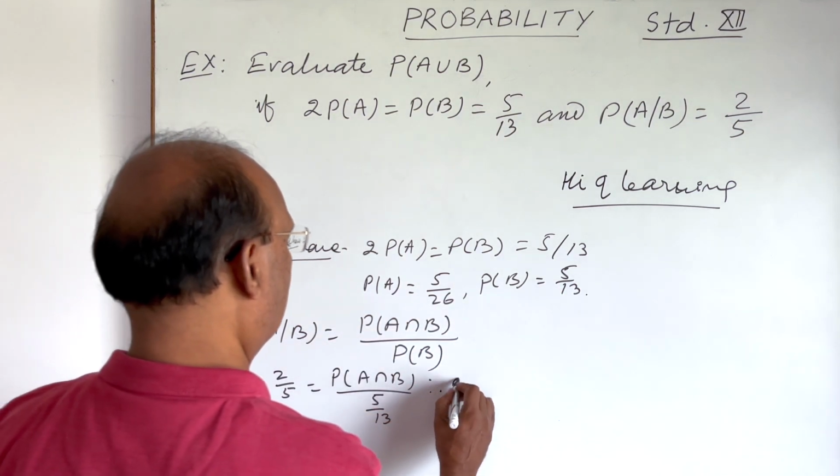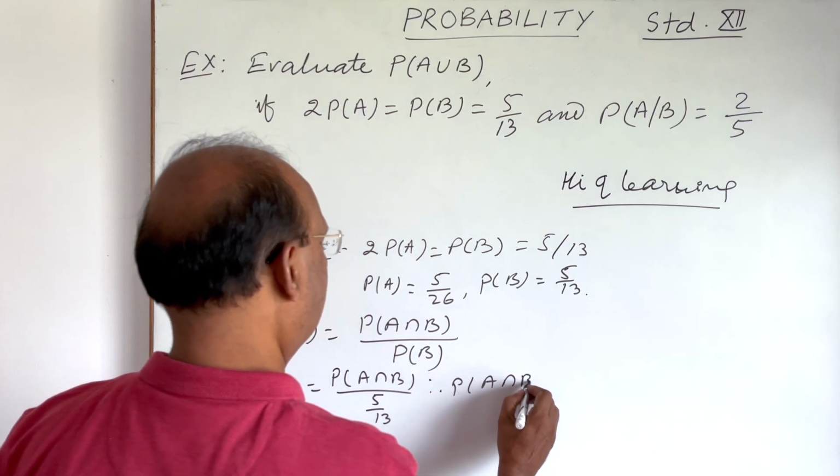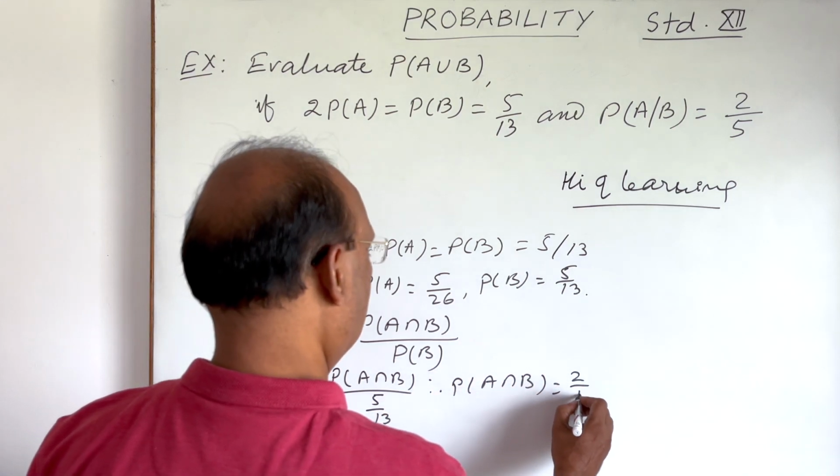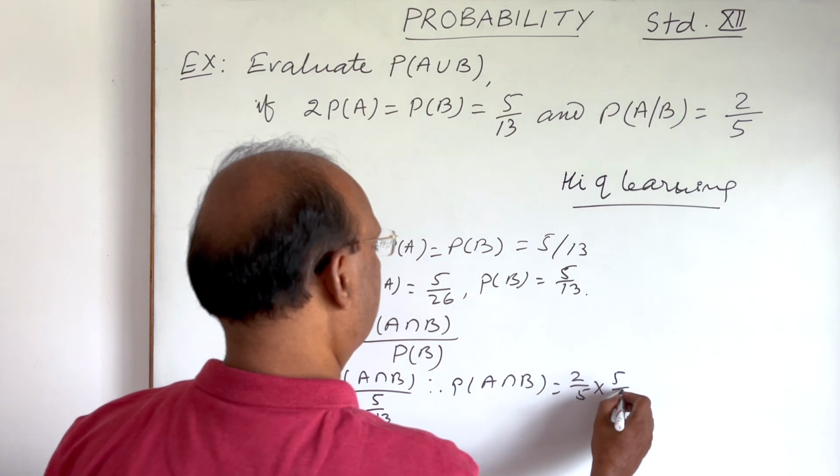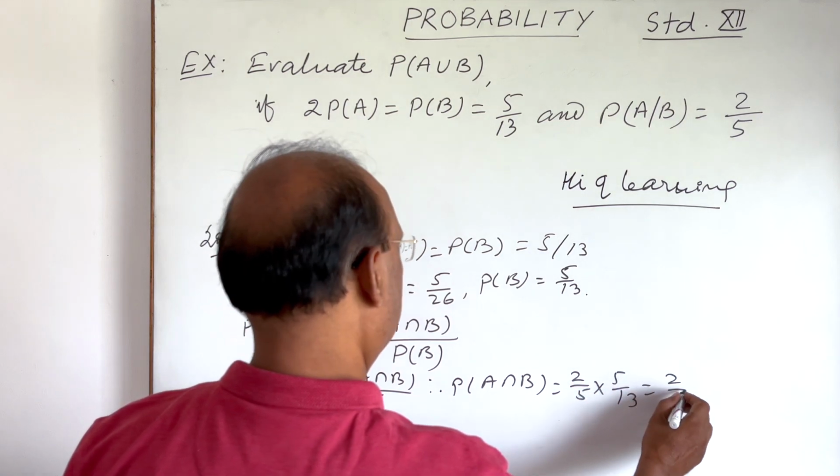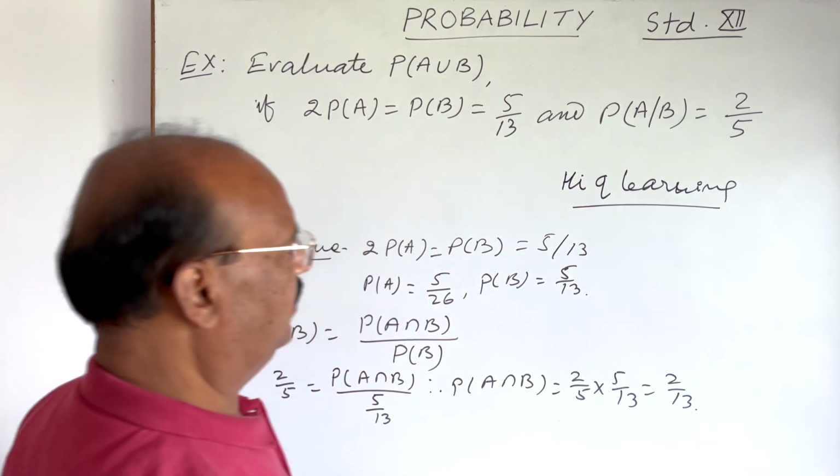So therefore probability of A intersection B is equal to 2 by 5 into 5 by 13. This is equal to 2 by 13.